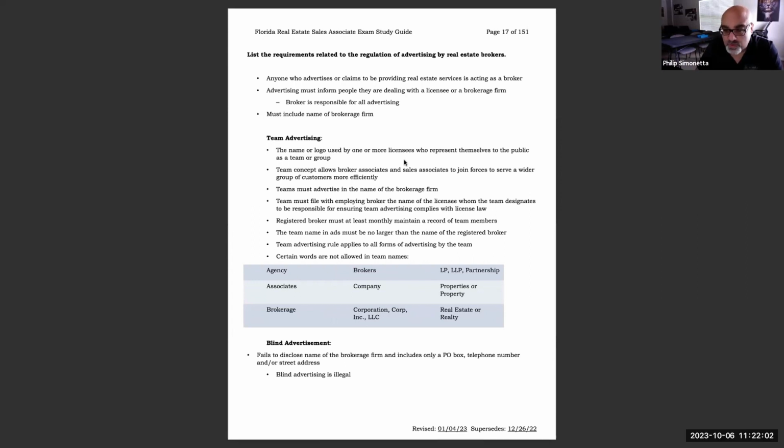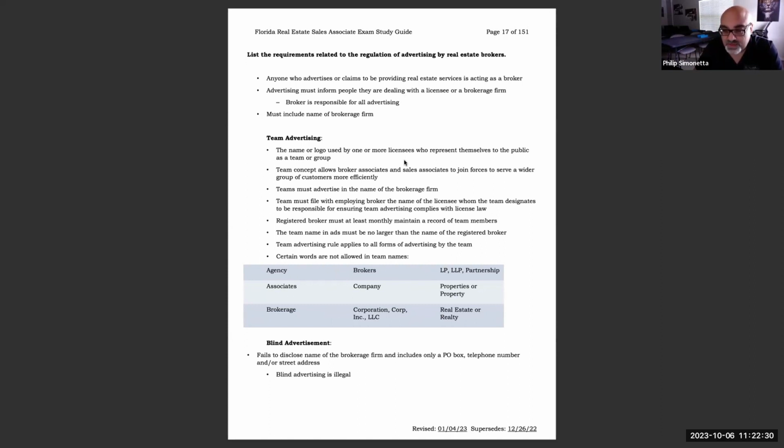The registered broker must at least meet monthly with the team and maintain a record of the team members: who's on the team, who's off the team, as they bring people in and get rid of people. The team name in ads must be no larger than the name of the registered broker. The team advertising rule applies to all forms of advertising by the team: social media, print, paper, whatever they do.